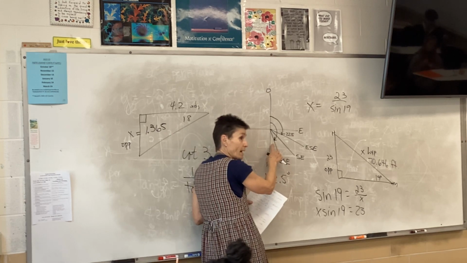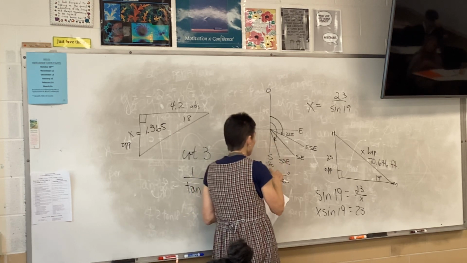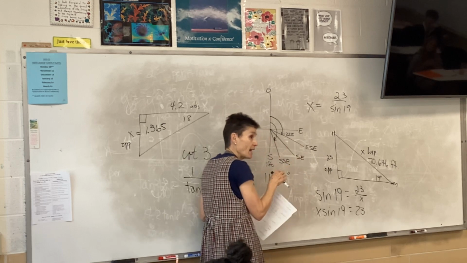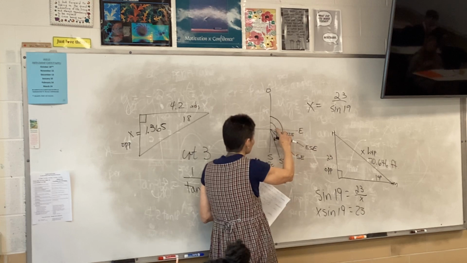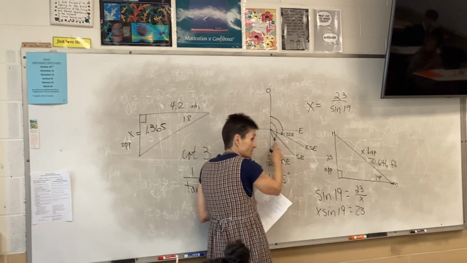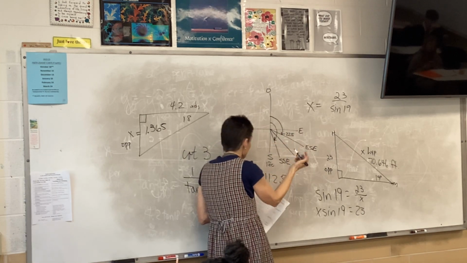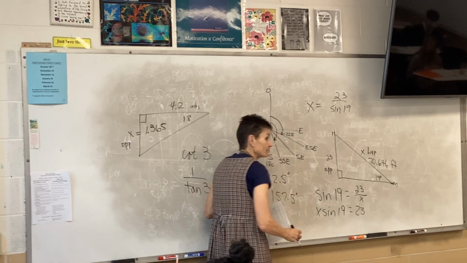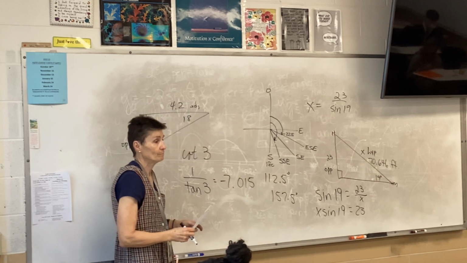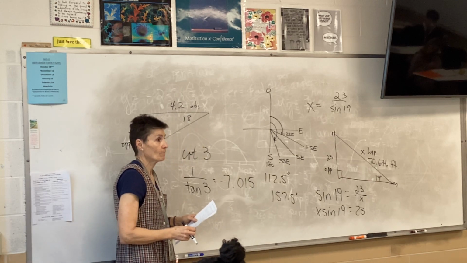This is 22 and a half. So I could do 180 minus 22 and a half, or I could do 90 plus 45 plus 22 and a half. Any way you do it, I think it's 157 and a half, if I subtract it right.